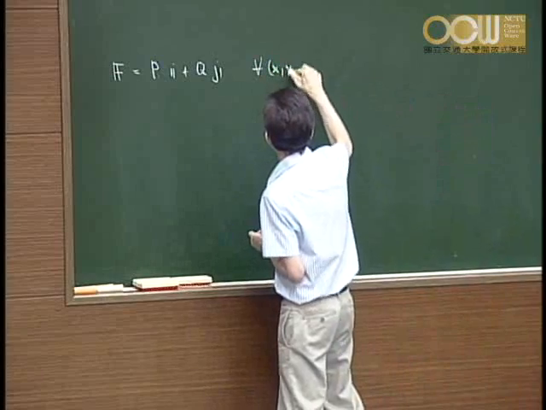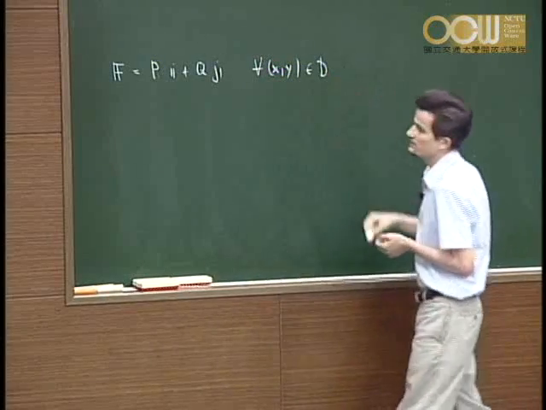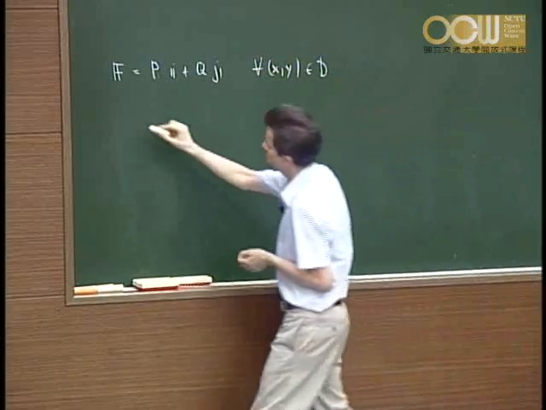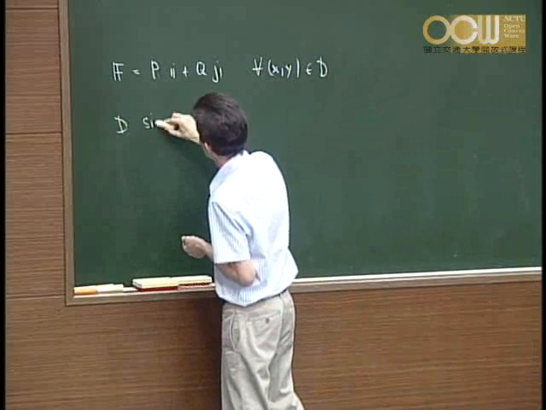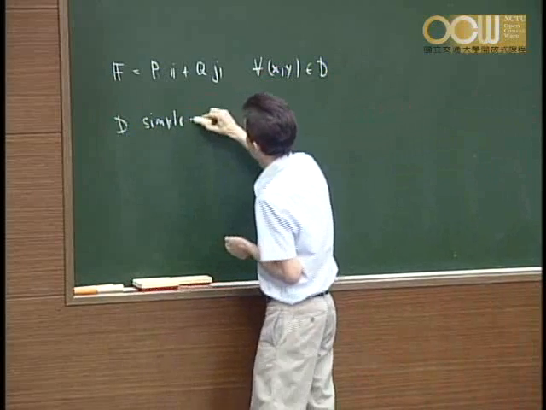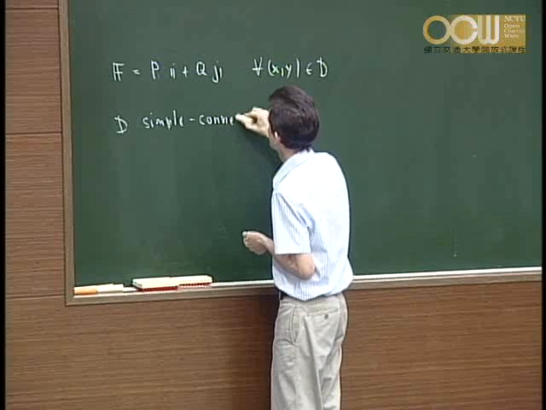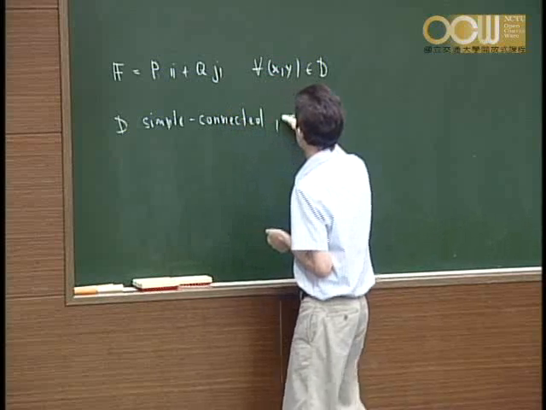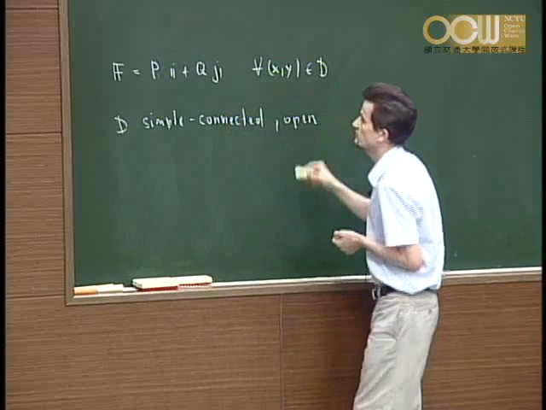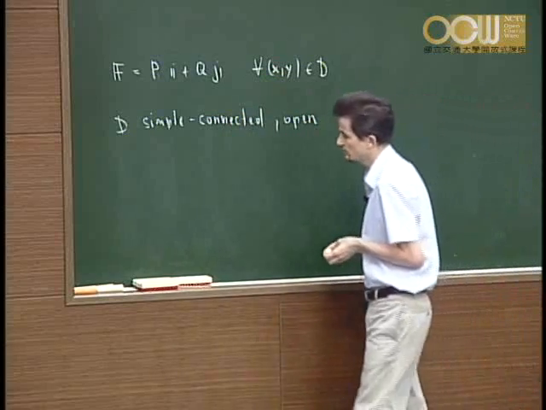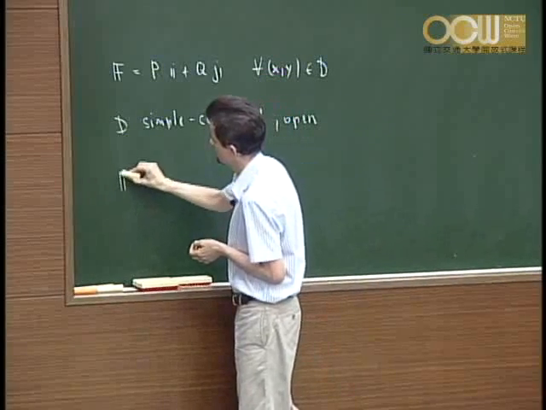If (x,y) is in some D and D is simply connected, which essentially means no holes, and open. So under these 2 assumptions, we have an easy criterion which tells us that F is conservative.